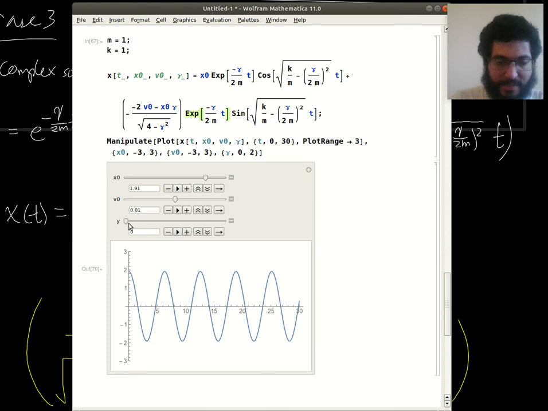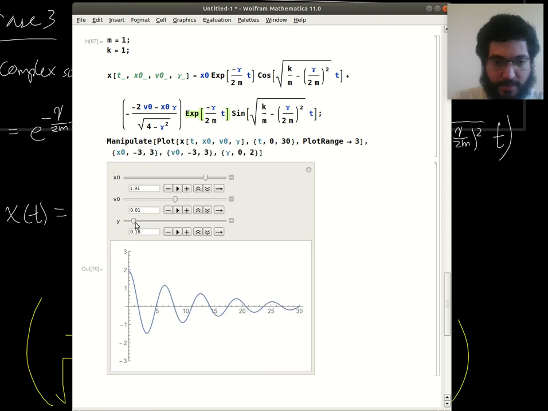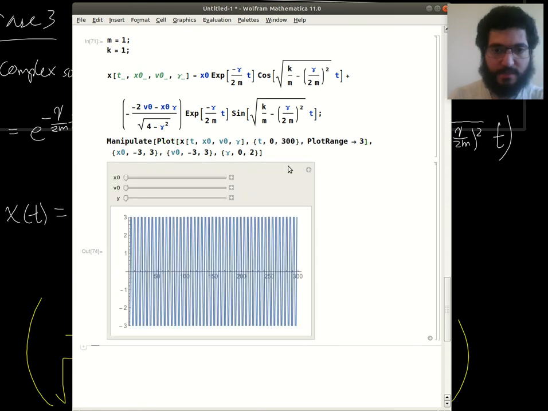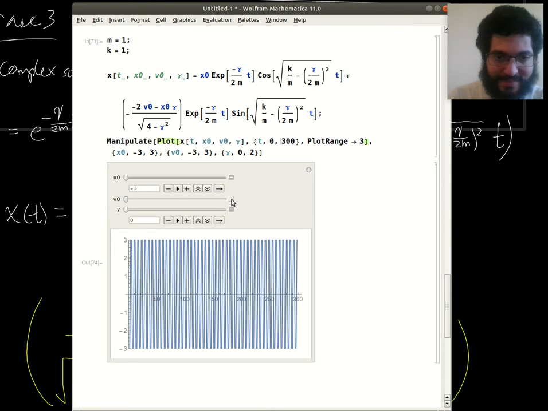Okay, so let's tune up the damping. You can see what happens as you tune up the damping. The most pronounced effect is on the later amplitude, right? The amplitude is decaying. And if you run this for long enough, if there's any damping, even a tiny, tiny bit, it decays. Sorry, it reset all those values.